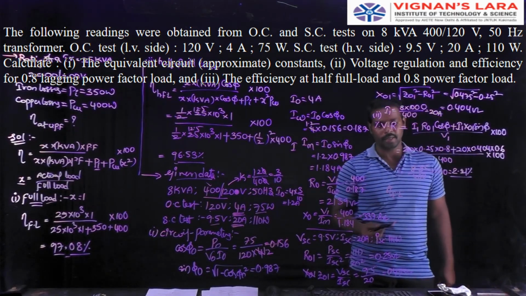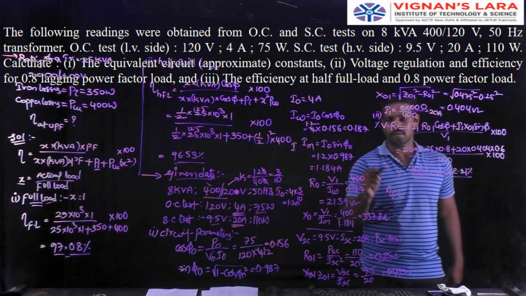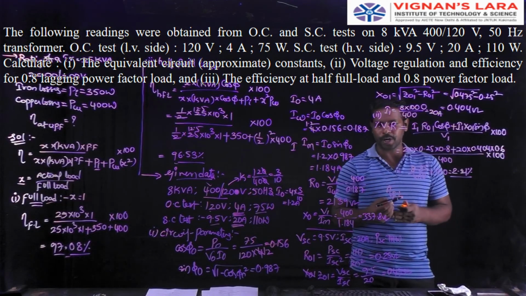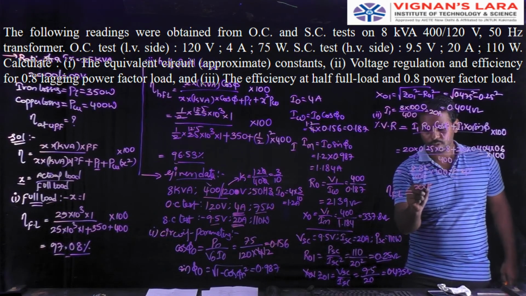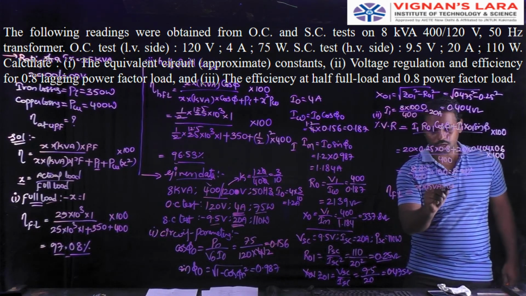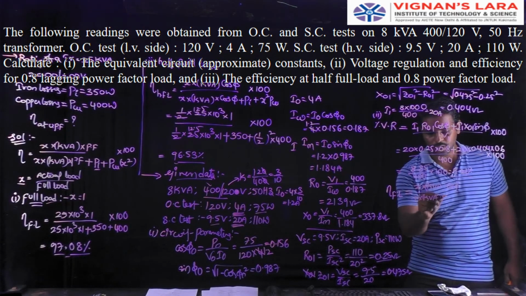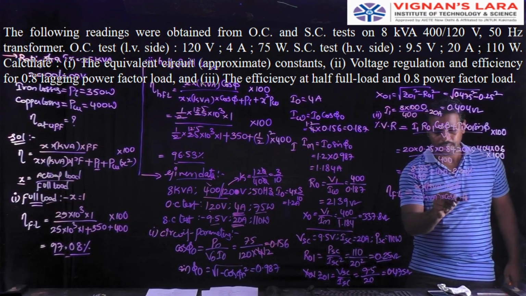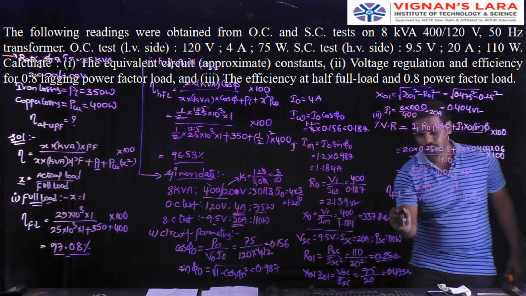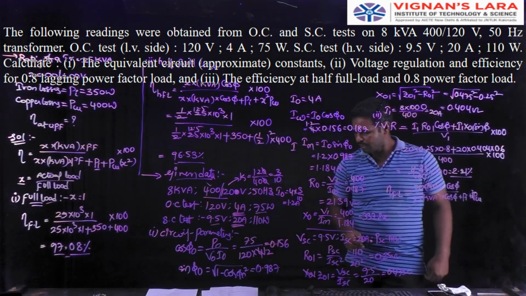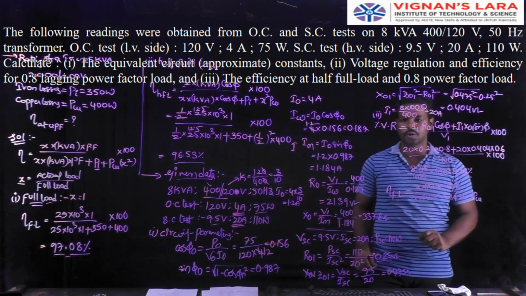In a similar way, we can find the efficiency at full load and 0.8 power factor lagging. Efficiency is equal to X into kVA into cos phi divided by X into kVA into cos phi plus iron losses Pi plus full load copper losses, that means X square into PCU. For full load, X is equal to 1.